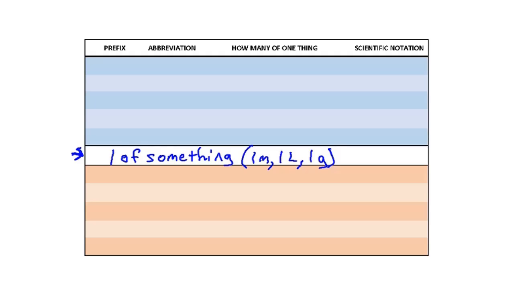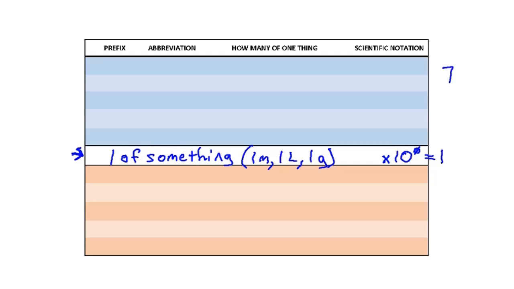And the scientific notation for just 1 of something, and if you're unfamiliar with scientific notation, then go back and watch my video on scientific notation and how the decimal place moves, and that might help you too. The scientific notation of 1 is going to be 10 to the 0 power, because anything to the 0 power equals 1.